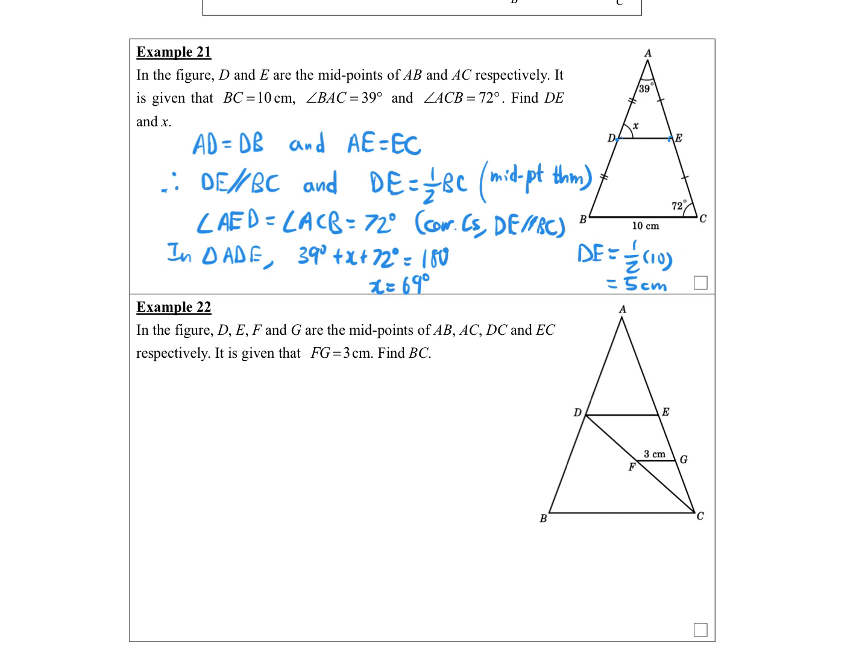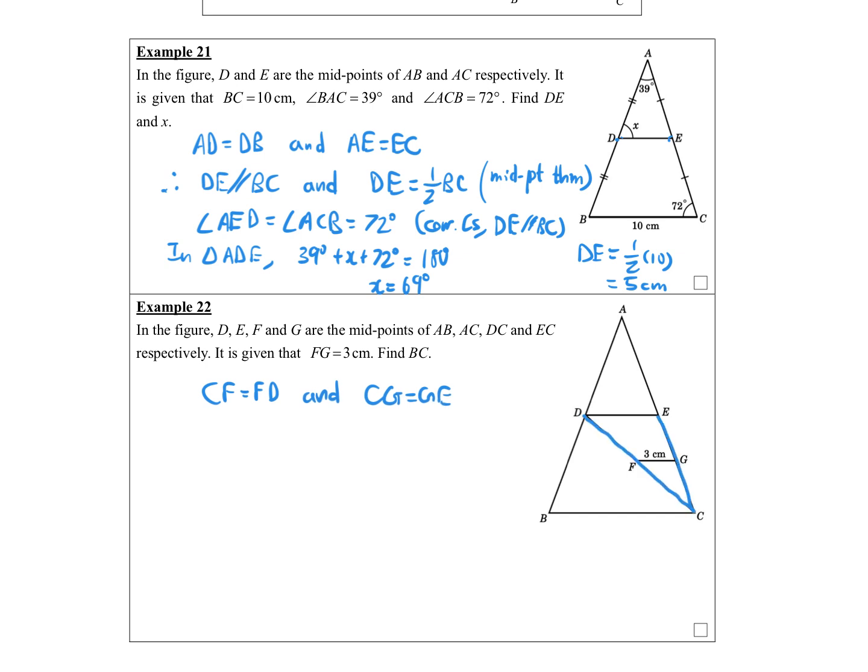Example 22, similarly, the midpoints are not marked on the diagram, but still you can see midpoint theorem in practice, because you have D, E, G, F are midpoints. So you may directly write the midpoints, and to denote midpoints is probably easiest to rewrite in the format that I just gave you. CF equals FD and CG equals GE. Can you see that this is in one triangle?